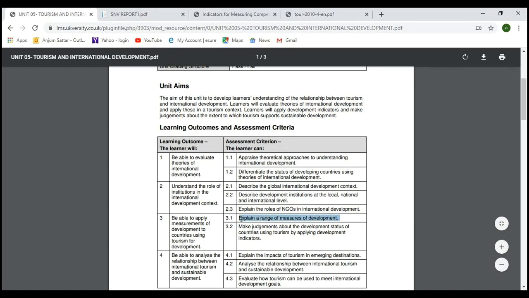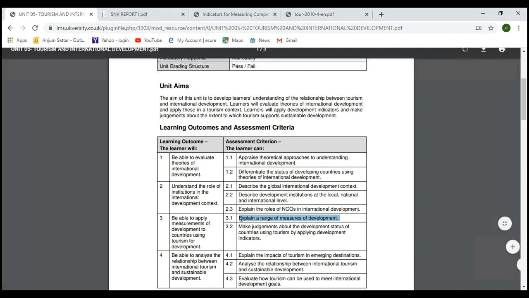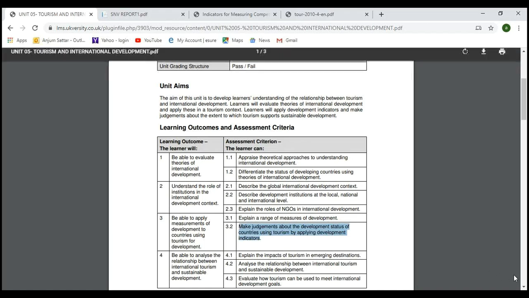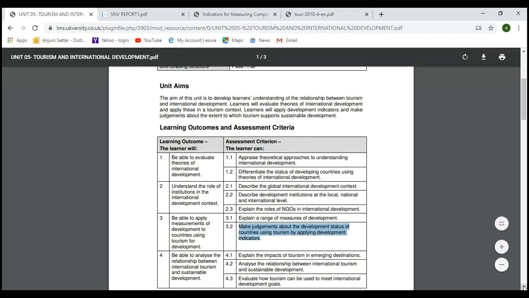What sort of range of measures can developing or developed countries use to develop towards tourism development? Make a judgment, so we can judge the development status of countries using tourism by applying development indicators. So different indicators: economic indicators, social indicators, and various other indicators.